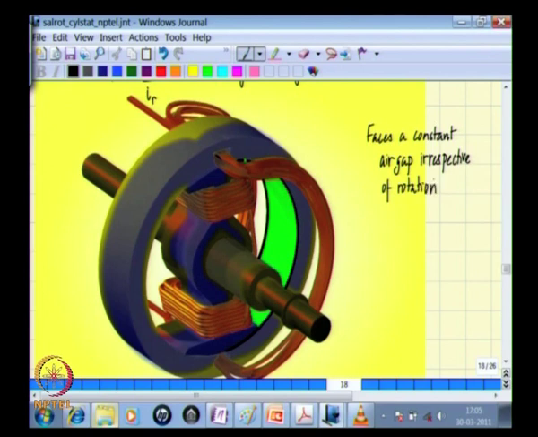Whether the rotor is in this position or in some other position, the air gap is the same, and therefore the flux generated does not change much.